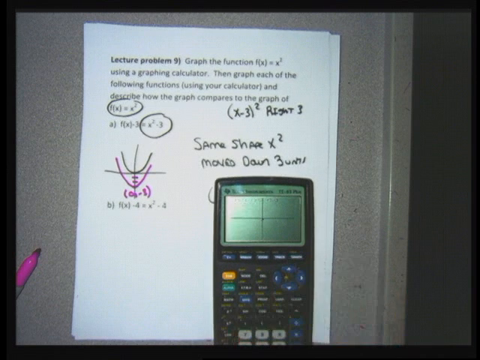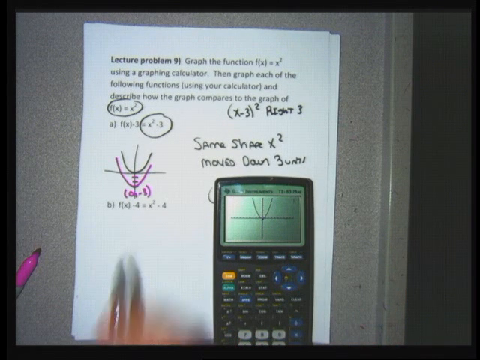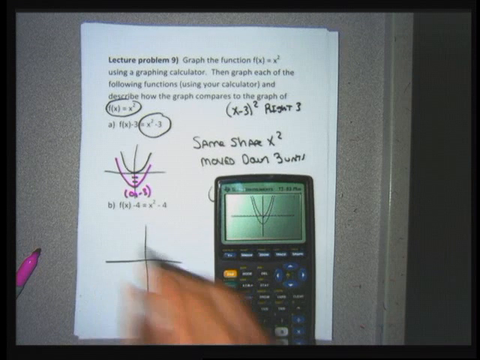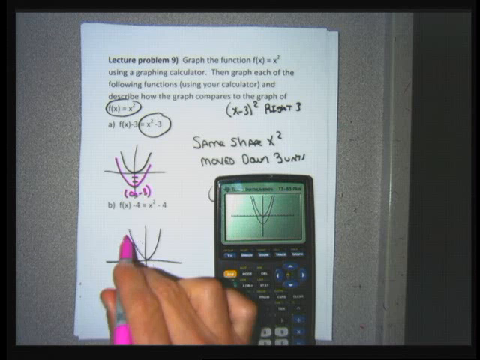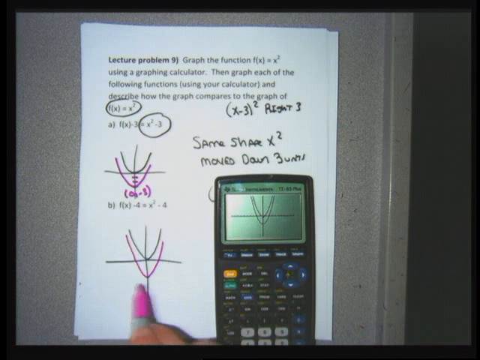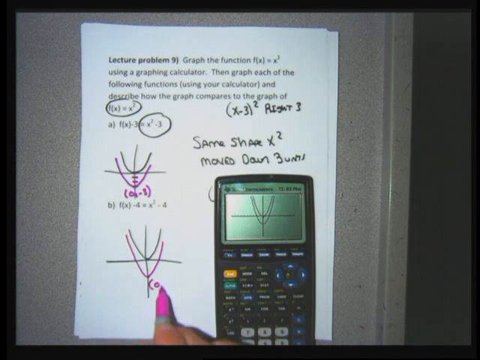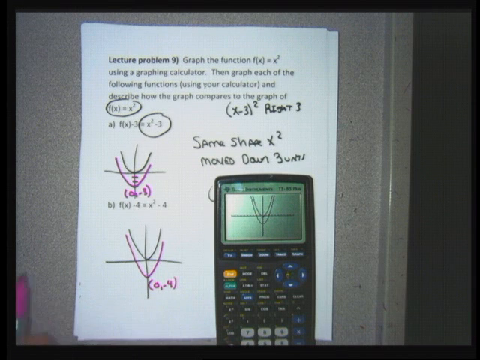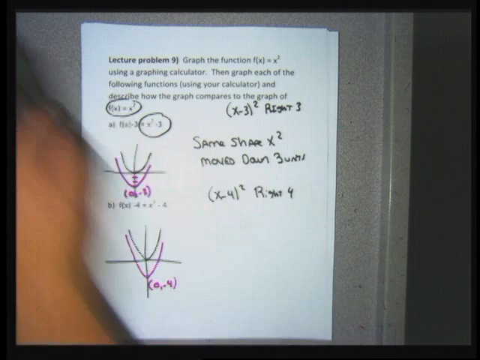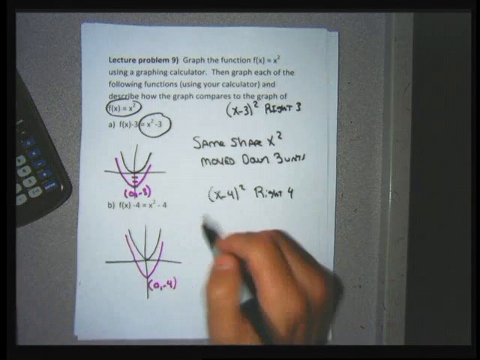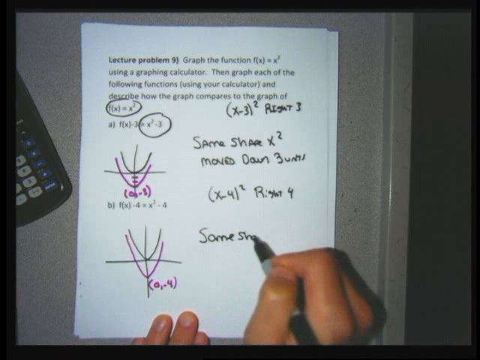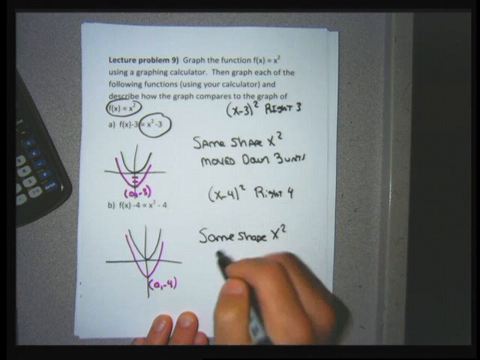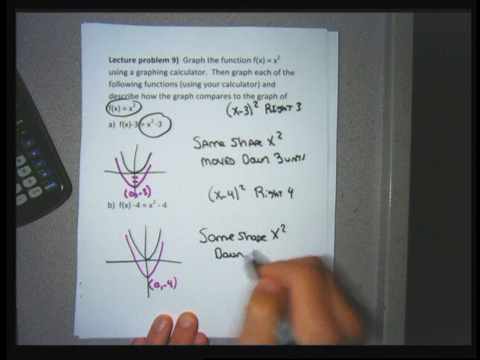So when I graph x squared, I get the parabola at the origin, and x squared minus 4, I get another parabola that would slide and fit perfectly onto the first parabola, but its vertex is at (0, -4). And again, I'm going to say this graph is the same shape as x squared, but it's moved down 4.